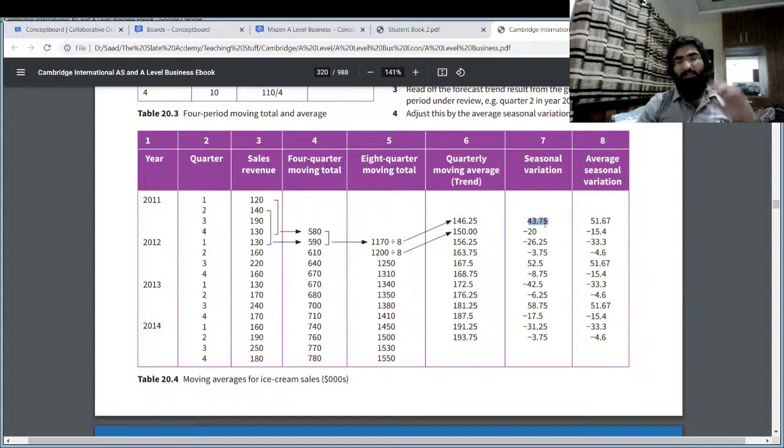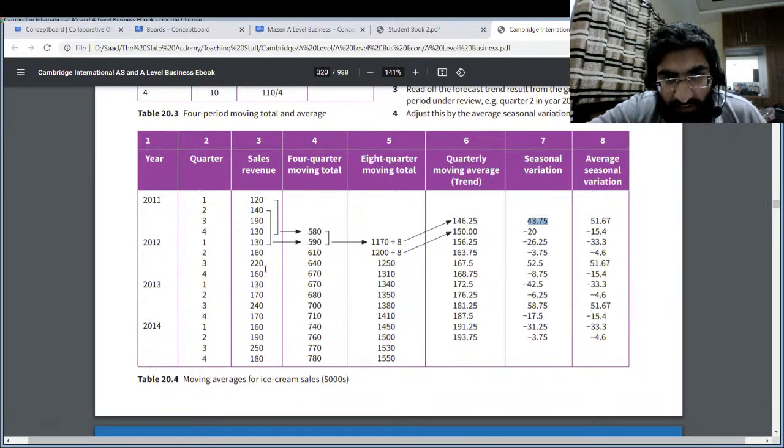Quarter three's sales is 43.75 more than the average or the trend. Did you get it? Can you repeat? Quarter three's actual sales is more by 43.75.